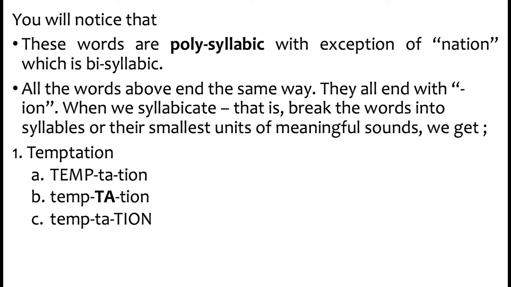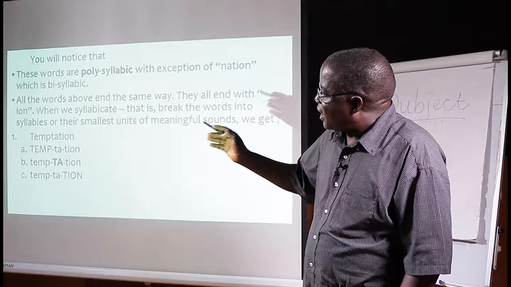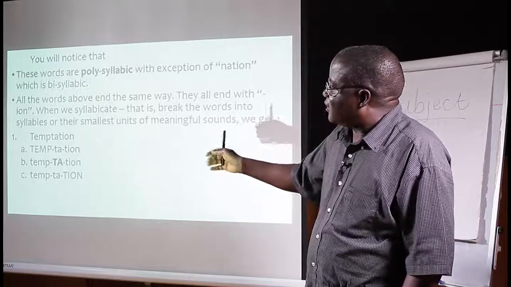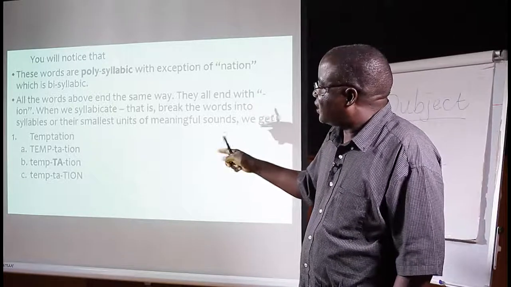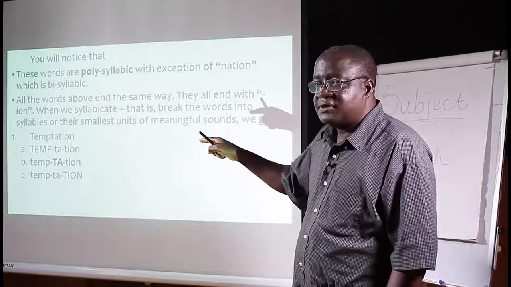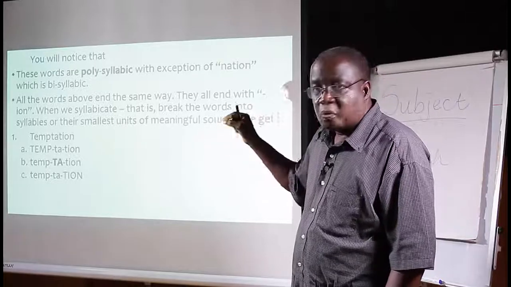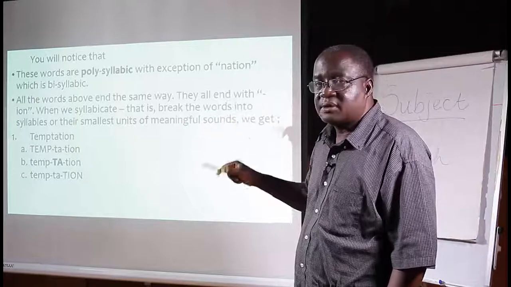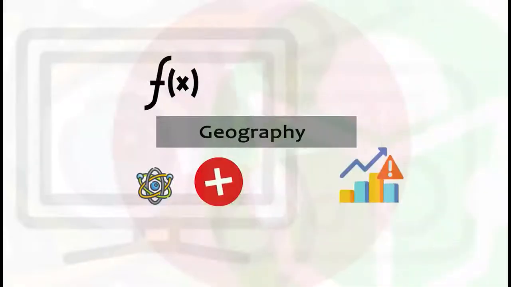That is, we've broken it into 3. Now you'll find that one of the options, that is B, is highlighted. It indicates that that is the place that receives the greater emphasis when the word is produced. Temptation.